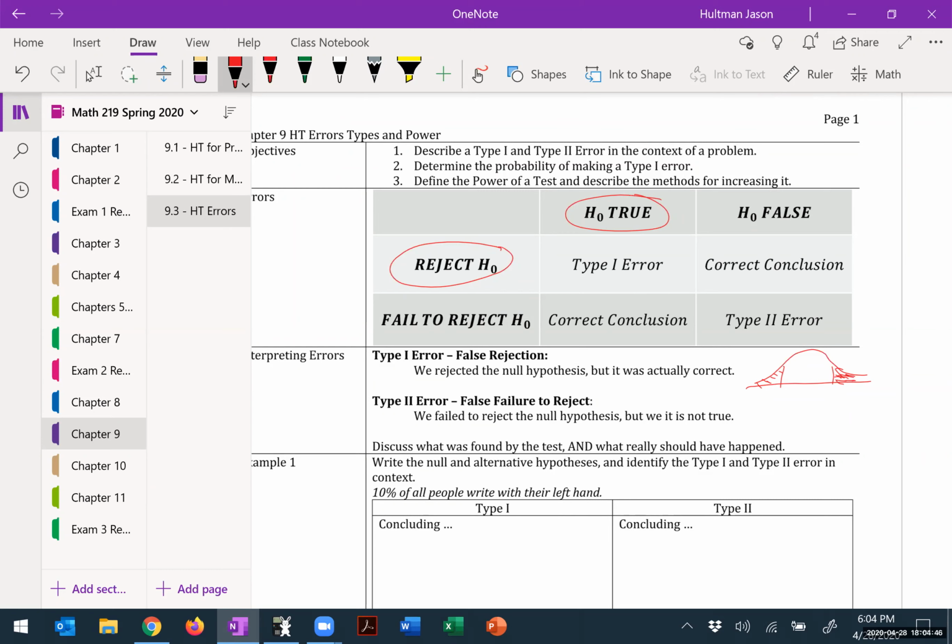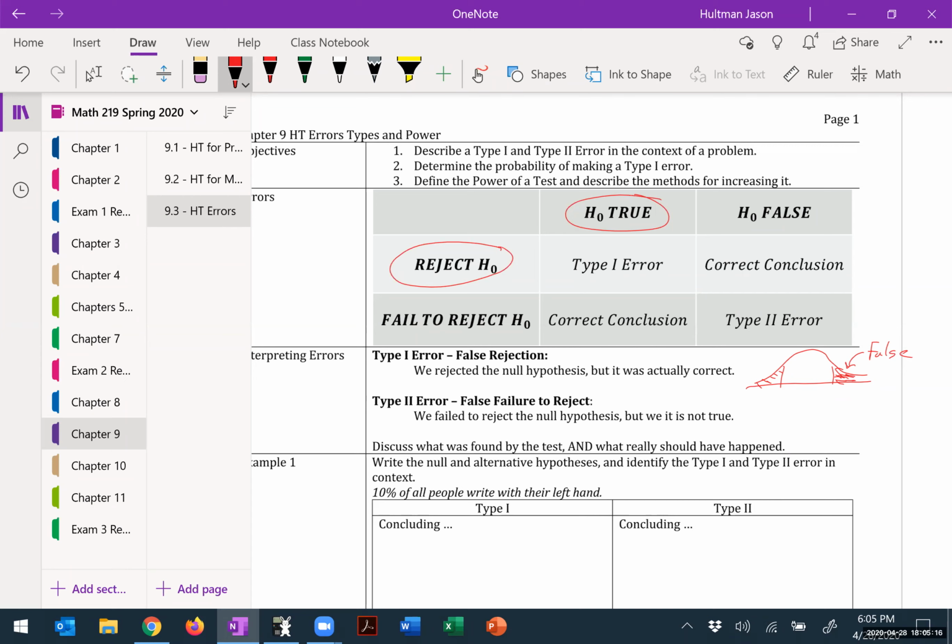I included too much in it, and I accidentally said that the null was false when it actually was true. That's the type 1 error: you reject the null when it's actually true, so you falsely rejected it.